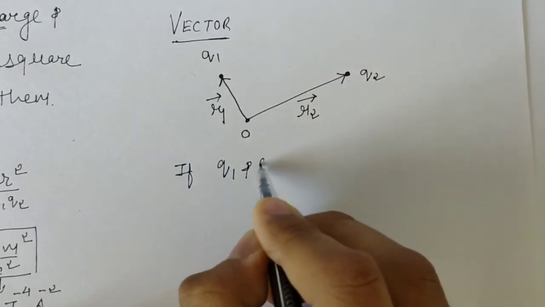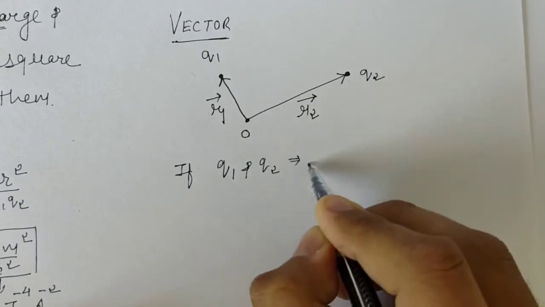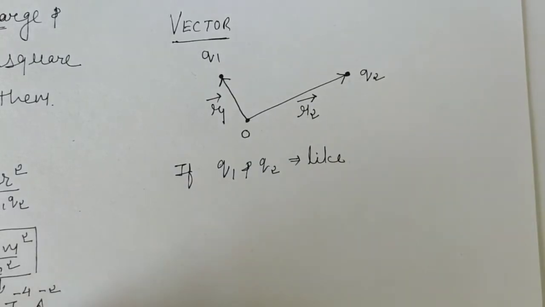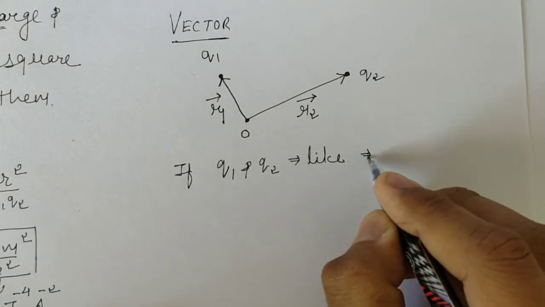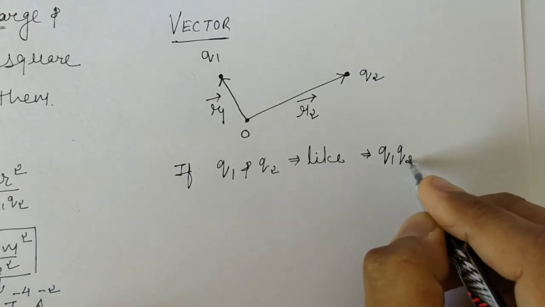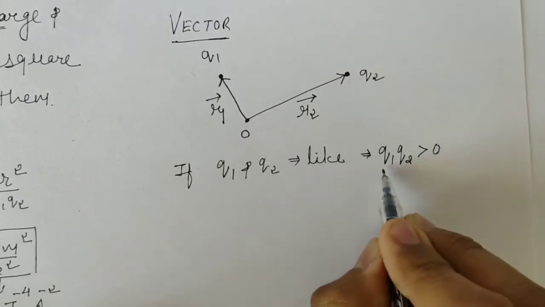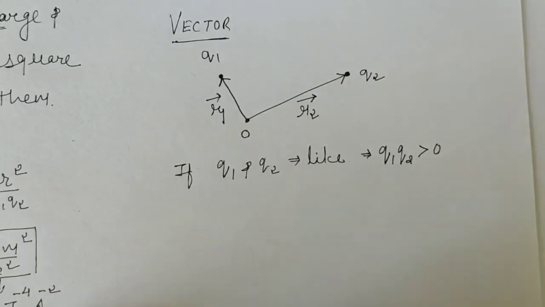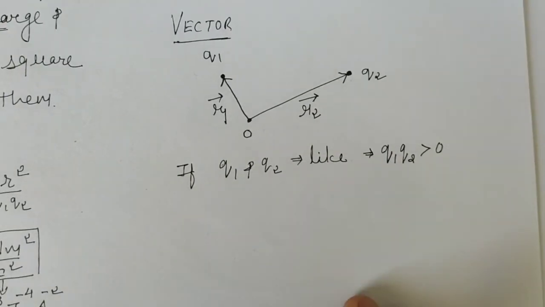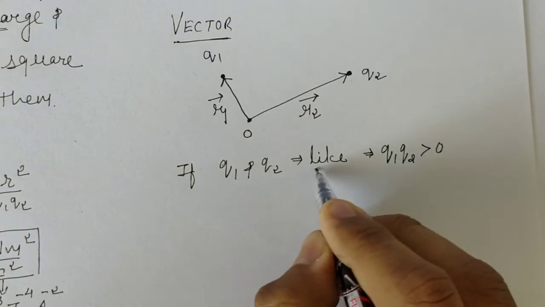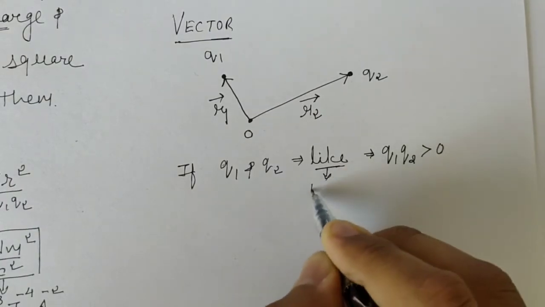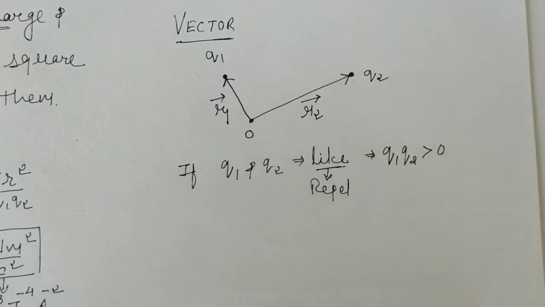Now, if Q1 and Q2 are like charges, meaning both are either positive or negative, therefore Q1 Q2 is greater than 0. If both are positive, the product is positive. Both negative, the product is again positive, minus minus plus. In this case, we already studied that like charges repel each other.